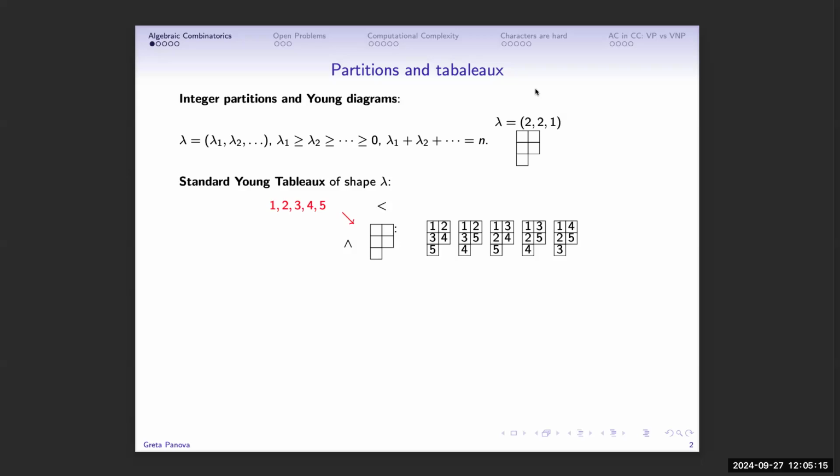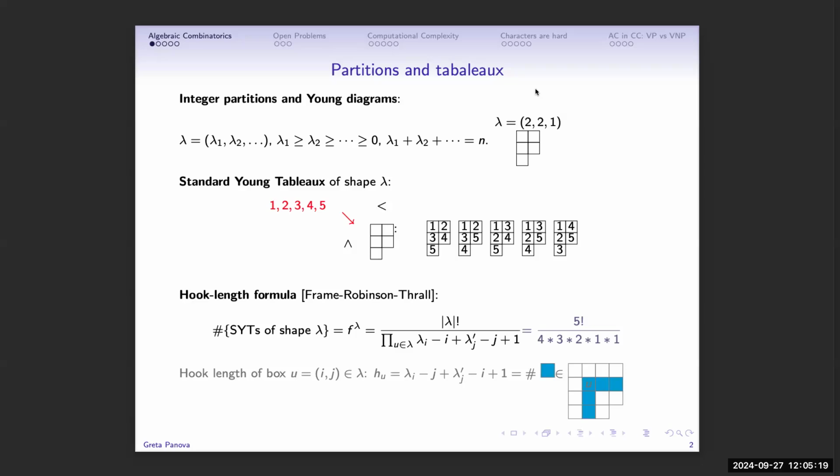These are called standard Young tableaux, and the number of those is given by a very beautiful combinatorial formula, the hook length formula. The details of what the formula says don't really matter, but basically you can see the Young diagram and compute this number very quickly as a product of hook lengths.